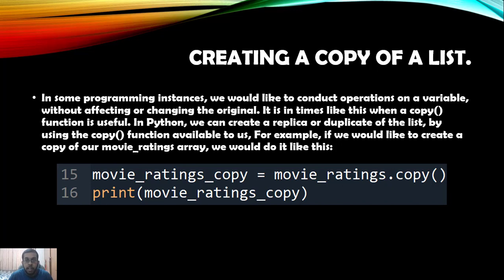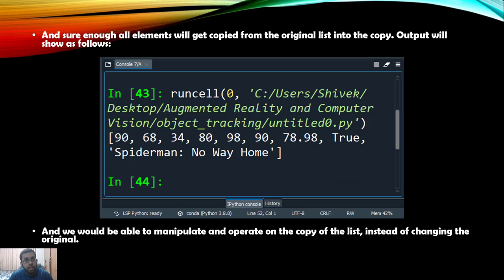For example, if we would like to create a copy of our movie ratings array, we would do it like this. movie_ratings_copy equals movie_ratings.copy(). print(movie_ratings_copy). And sure enough, all elements will get copied from the original list into the copy. Output will show as follows. And we would be able to manipulate and operate on the copy of the list instead of changing the original.